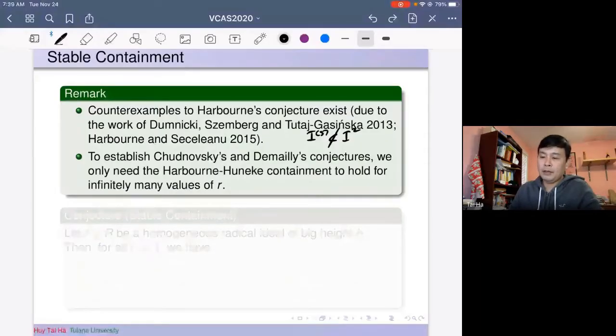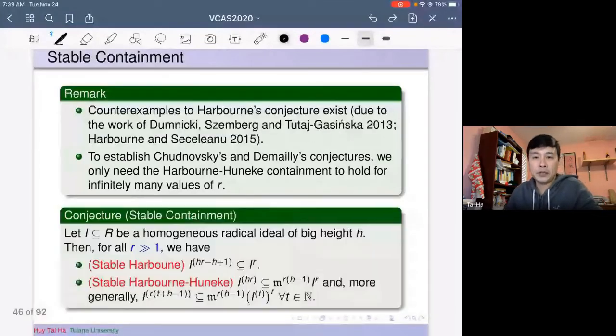And that leads naturally to the study of stable containment instead. So instead of asking for containment for all values of r, we're now asking for the containment for all r big enough. The stable Harbourne containment asks the same containment as before, except that we have the condition that this is true for all r big enough, and similarly for the Harbourne-Huneke containments.